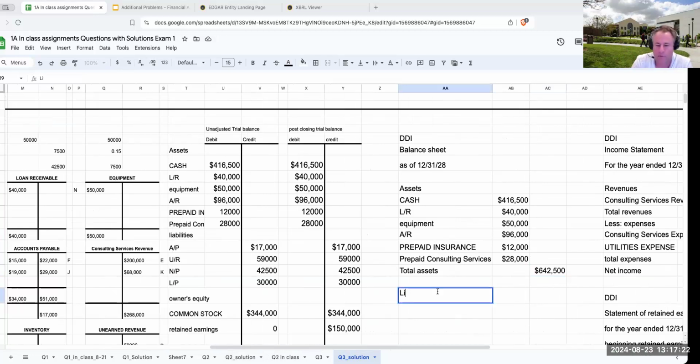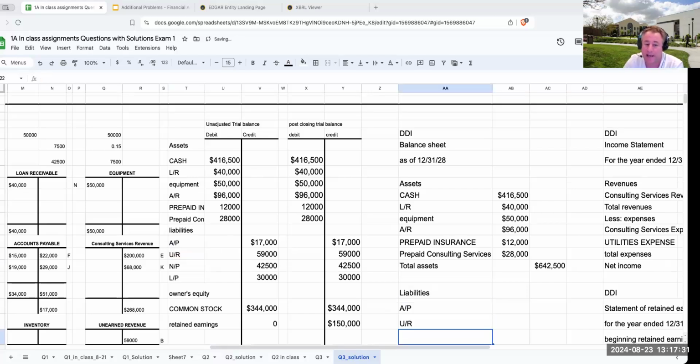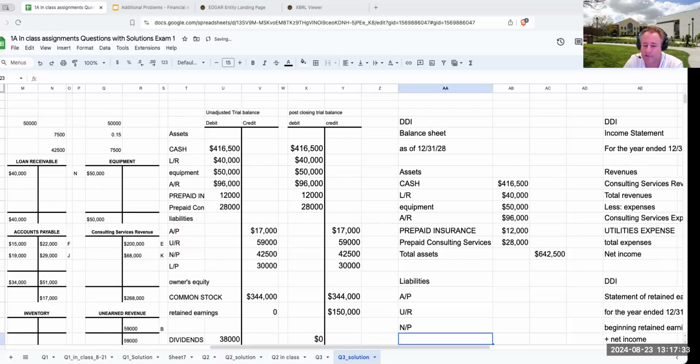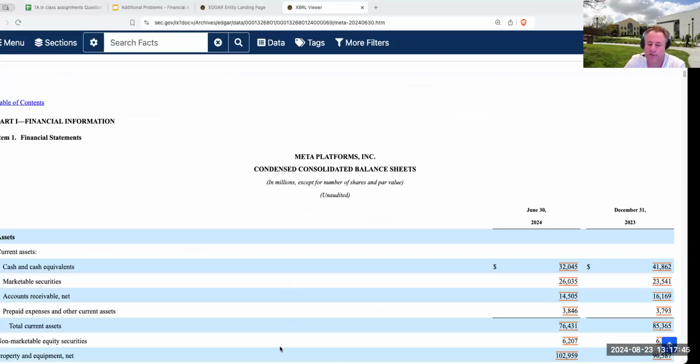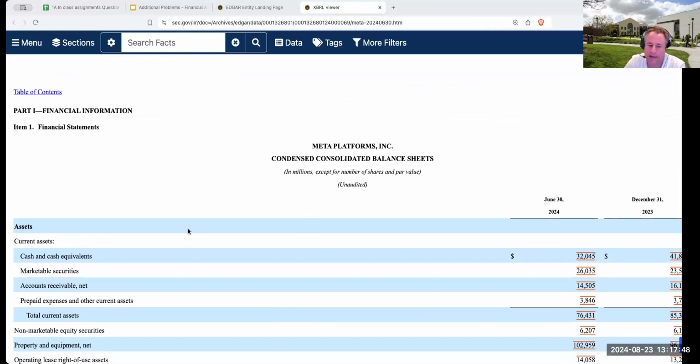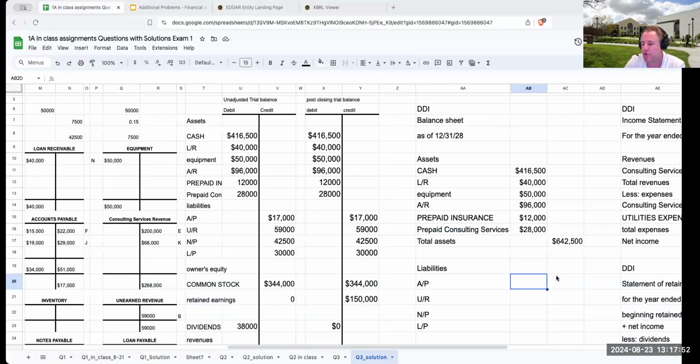So right over here, we've got liabilities. For my liabilities, I'm just going to go ahead and list these out here. Remember, this is not a classified balance sheet, right? We're learning the basics. We're going to learn a lot more about what we call a classified balance sheet, where we separate assets into current and non-current, but we'll get to that in a future video.